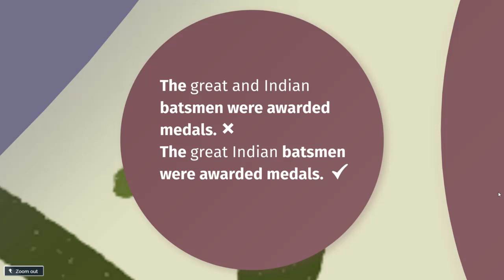Over here, great Indian is describing the batsmen. Great is opinion, Indian is origin, right? So we do not need to put a comma because they belong to different groups. Great is in the category of opinion, Indian is in the category of origin. So there is no need to put a comma. So this is all for today.